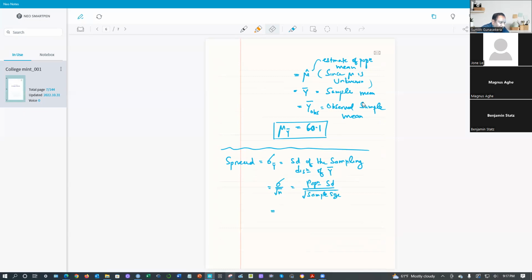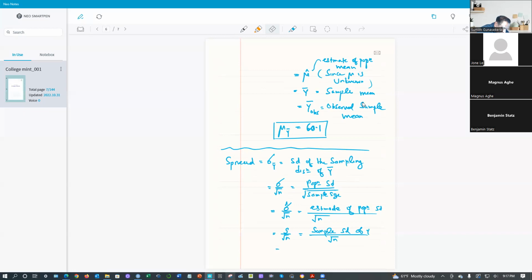Since you don't have the population one, I'm going to go to the hat over square root n, which means you go to the estimate of the population standard deviation over the square root of the sample size. Sigma hat, I can replace with the sample standard deviation of y, divided by square root n.